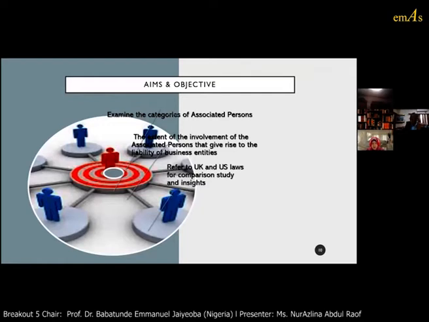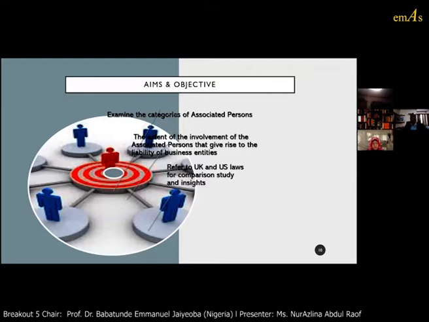So the aims and objective of this paper is to examine the categories of associated persons and the extent of the involvement of the associated persons that give rise to the liability of business entities. In this aspect, references are made to UK and US laws for comparison study and insights. Why UK and US laws are chosen?